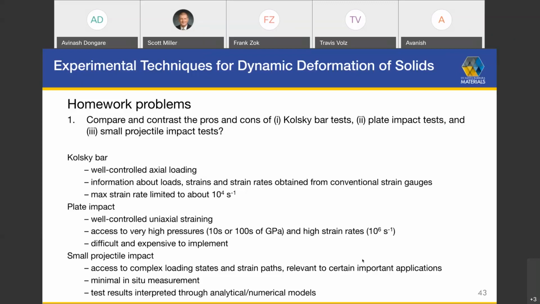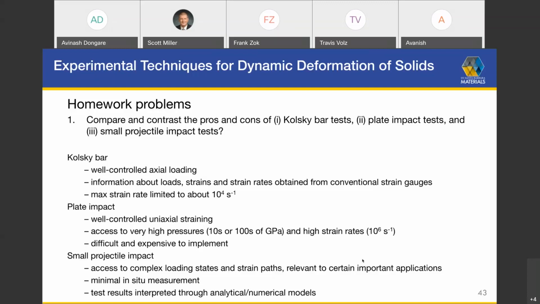The other thing here that's important to note, which is a bit of a downside, but it's sort of an essential ingredient here, is that in order to interpret the results, you need to make some post-test examinations of your test specimens and perhaps your projectiles as well, and compare those observations with either analytical or computational models of material and system behavior.